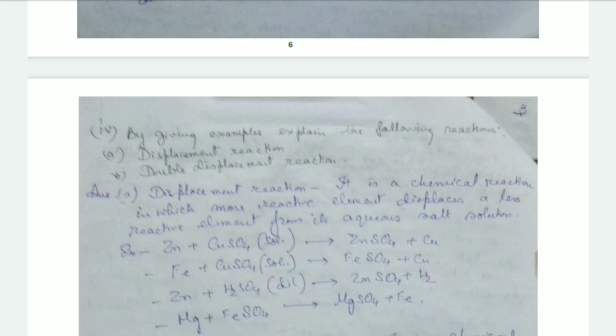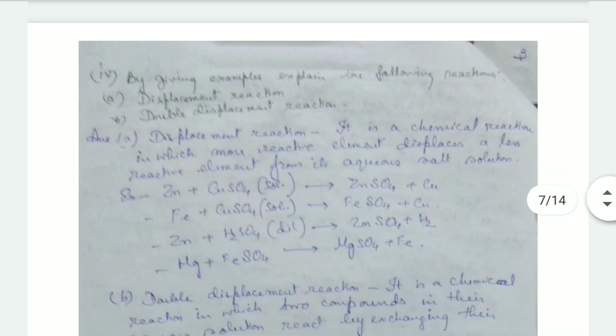So there should be three conditions for this displacement reaction. One is an element of higher reactivity. Second, an element of lower reactivity whose salt solution has to be present, from which the more reactive element will displace the less reactive element.